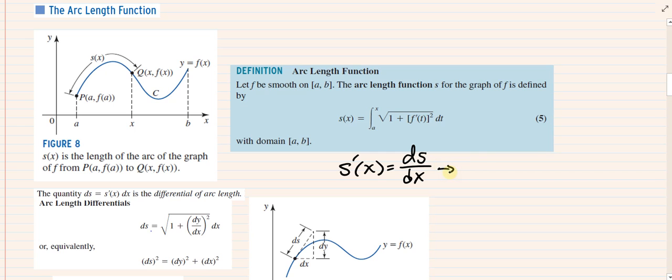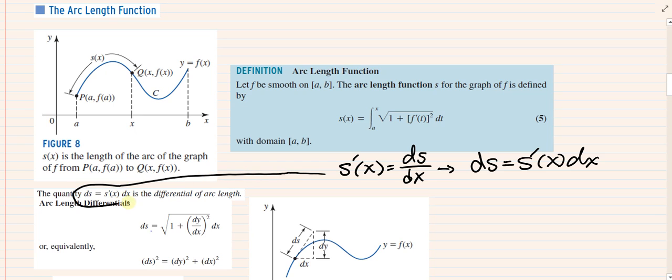So from this, if I cross multiply, I get ds is s prime x dx. And that is exactly what this expression is. So that quantity is called the differential of arc length. Differential of arc length, that's what that is.